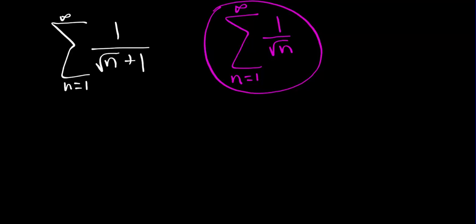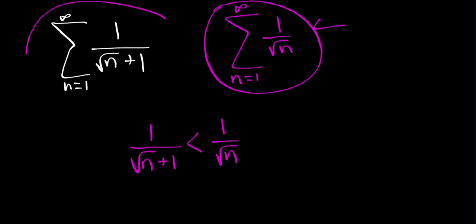And here's something else we know. This 1 over the square root of n plus 1, that series, I want to compare it to the 1 over the square root of n. This series is smaller. 1 over the square root of n plus 1 is smaller than 1 over the square root of n. Each term is smaller. Well, the fact that this one diverges tells us nothing about this one because this one is bigger.